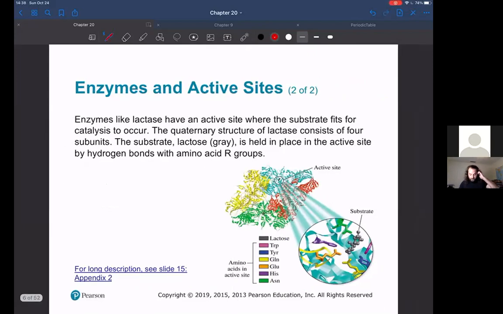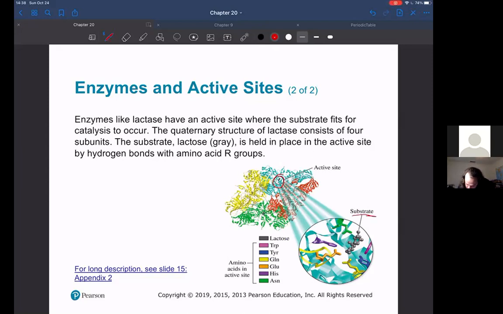Okay. So here's an even better example of what I just tried to draw, which is a structure of an enzyme. This is lactase. Lactase will convert lactose into its two monosaccharide components, galactose and glucose. And so you can see that in this giant lactase enzyme, there is just one tiny section that is the active site that actually binds that lactose.